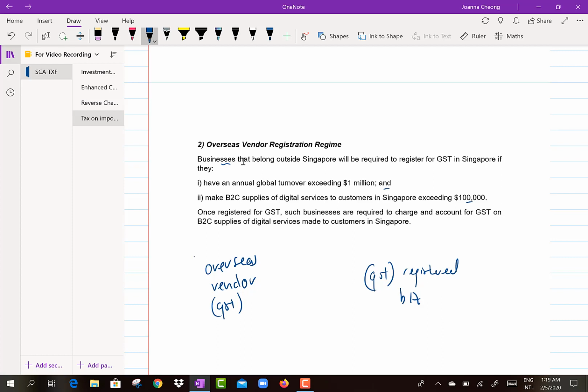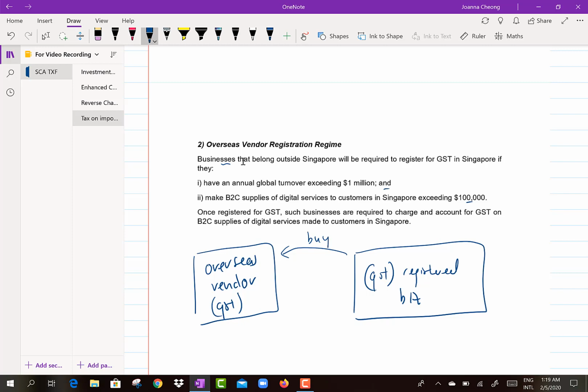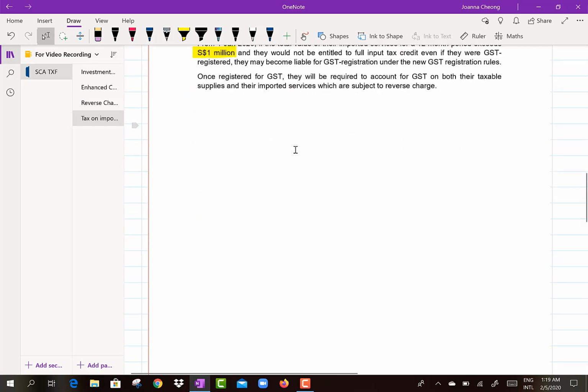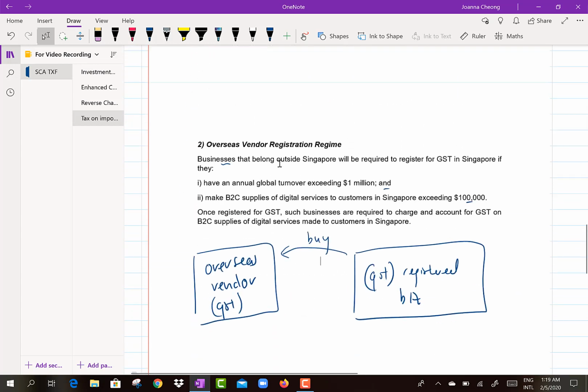What do I do if I want to buy from an overseas supplier who is already GST registered? Do I apply the reverse charge regime, or do I apply the overseas vendor registration scheme, whereby if the overseas vendor sells things to a consumer in Singapore, they have to charge GST? So which one do we apply?